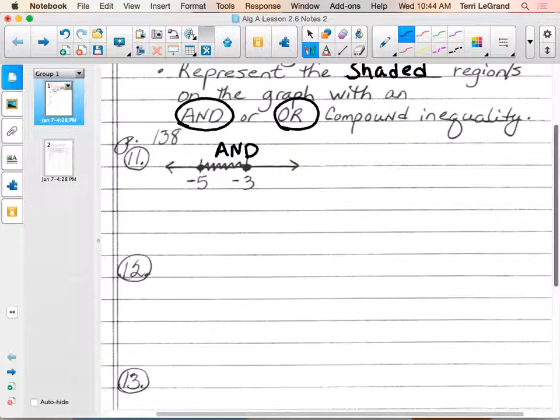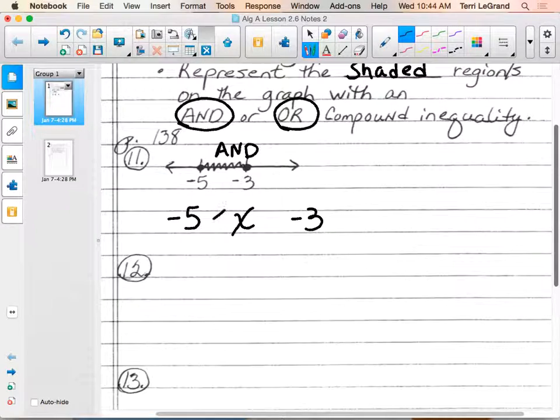That means our variable is going to be in the middle region, and those endpoints are out in the outer regions, aren't they? So we have -5 at this end, and -3 at the other end, with x in the middle.